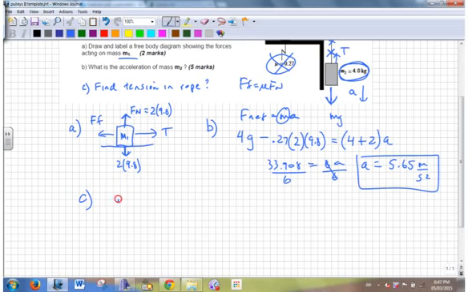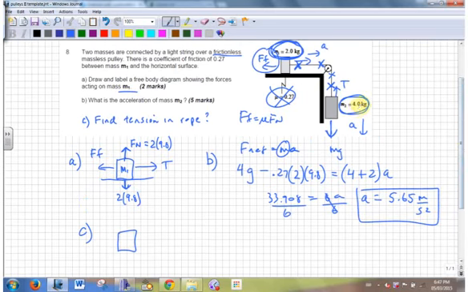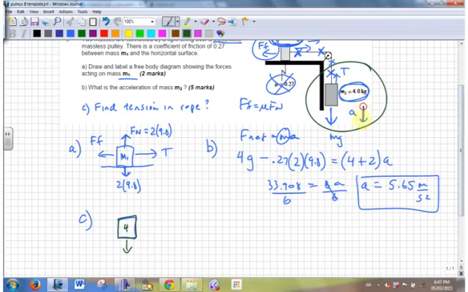So to do this, either mass I want to analyze. Let's analyze this guy. Let's change my color. Okay, let's look at this mass right here. That is 4 kilograms, so I know this thing is accelerating down now at 5.65. What's causing that acceleration? It's weight.